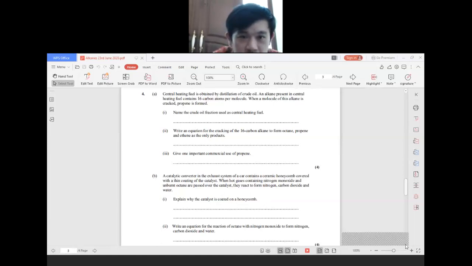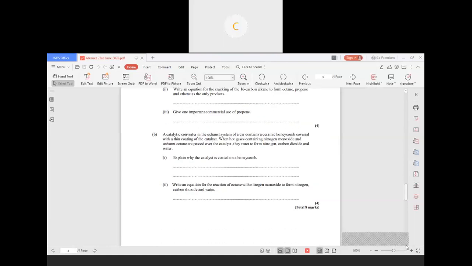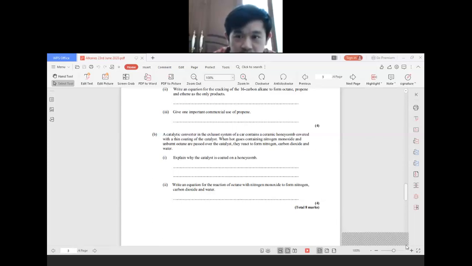Then next, B. A catalytic converter in the exhaust system of a car contains ceramic honeycomb covered with a thin coating of the catalyst. When hot gases containing nitrogen monoxide and unburned octane are passed over the catalyst, they react to form nitrogen, carbon dioxide, and water.